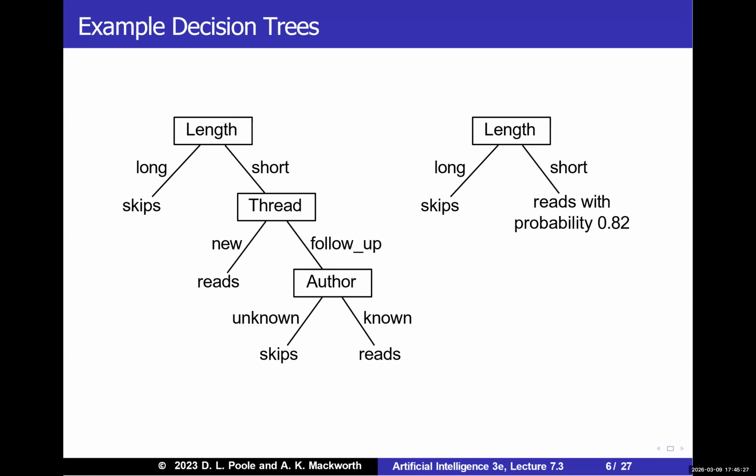For example, the model might examine whether a message comes from a known author, whether the thread is new or part of an existing conversation, or whether the message is short or long. By following a path through the tree, the system eventually reaches a leaf node that represents the predicted classification. Even though this example is simple, it illustrates how machine learning models can transform patterns in data into a structured decision process.